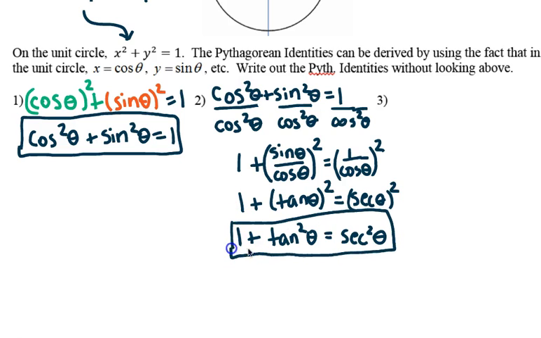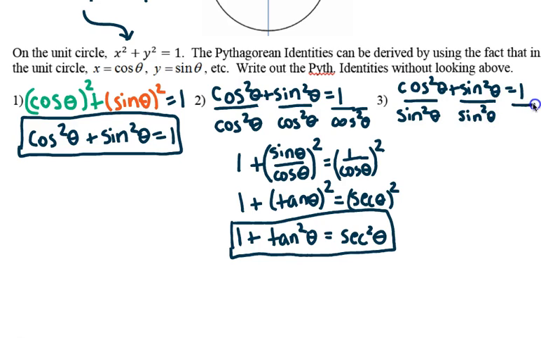Pythagorean identity. And for our third one, again, we're going to start with cosine squared theta plus sine squared theta equals 1. Okay. But now rather than dividing everything by cosine, we'll start by dividing everything by sine squared theta. Okay.